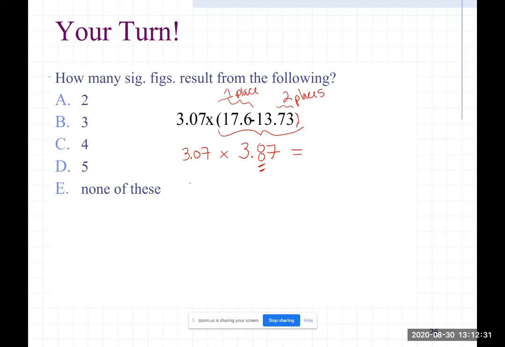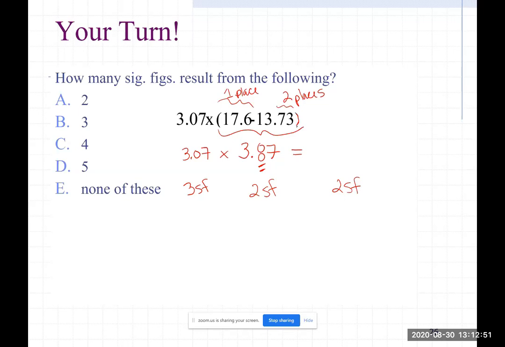Well, 3.07 has 3 sig figs. But because I have to round to where the 8 is in the 10th position, my other value has 2 sig figs. So my answer is going to have 2 sig figs when I finalize it and round it.